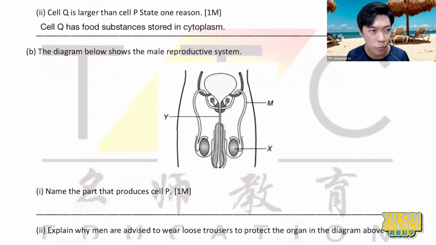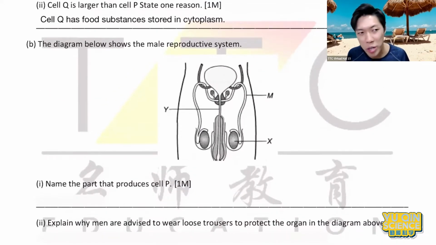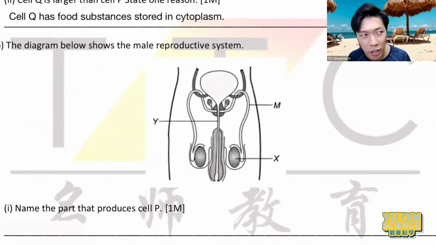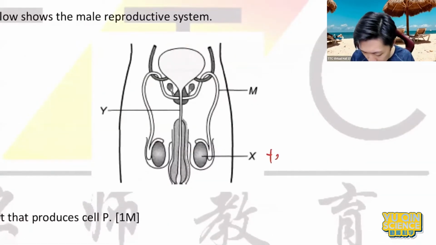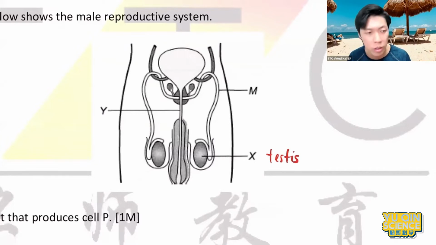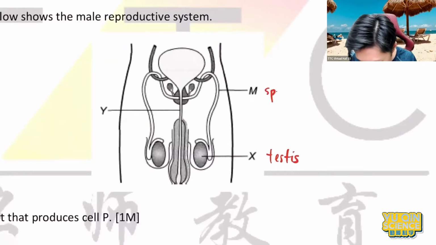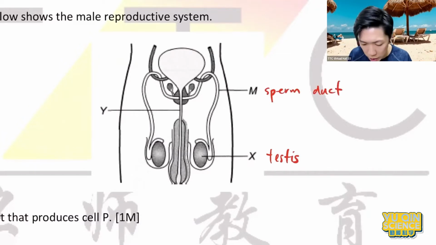Okay, male reproductive system. Since we're here, let's label the 3 that are mentioned. You're done with the above. Obviously this is the testis, and then this is the sperm duct. From the testes all the way out, that's called the sperm duct.